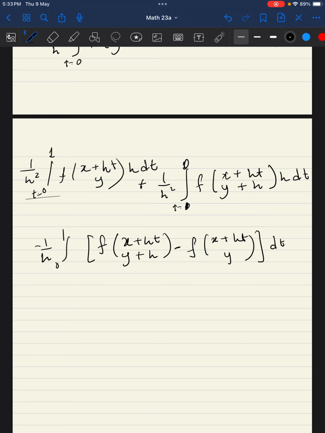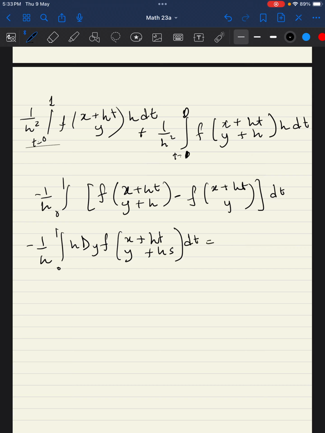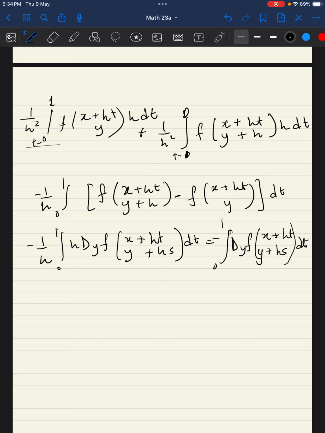Alright, now from the mean value theorem we know that the above thing can be written as 1 by h, 0 to 1, h dy f of x plus ht, y plus hs, dt, which is equal to some value, 0 to 1, dy of f, x plus ht, y plus hs, dt.